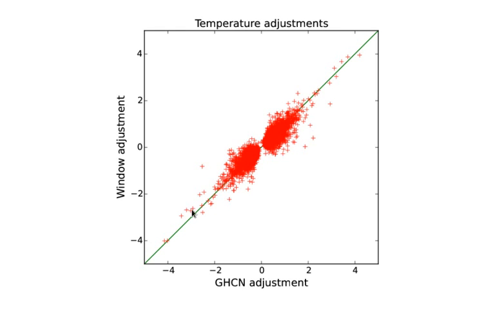Each cross on this plot represents one of 5,000 adjustments analyzed in this way. The x-axis is the GHCN adjustment, and the y-axis is the window estimate. The methods show good agreement. Furthermore, the window method also shows more upward than downward adjustments, giving a very similar trend to the GHCN method.